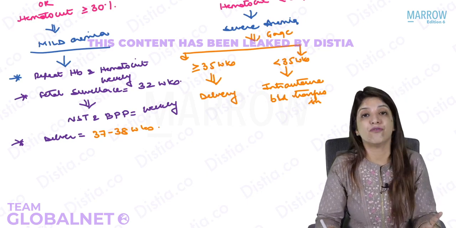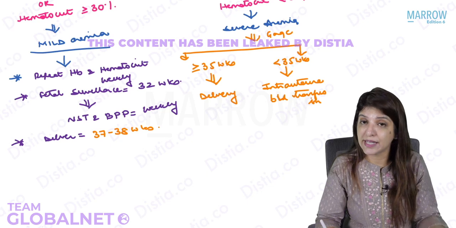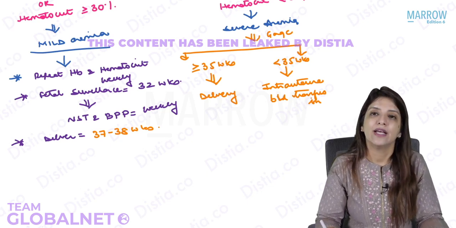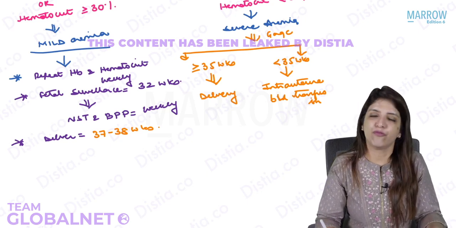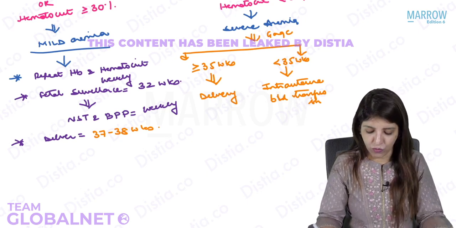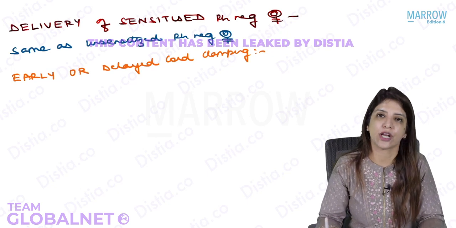But if there is severe anemia, that is fetal hematocrit is less than 30%, then if the pregnancy is more than 35 weeks, deliver. If pregnancy is less than 35 weeks, go for intrauterine transfusions.